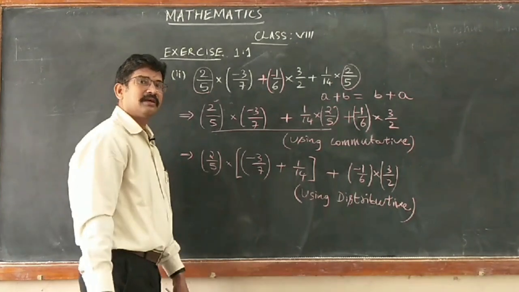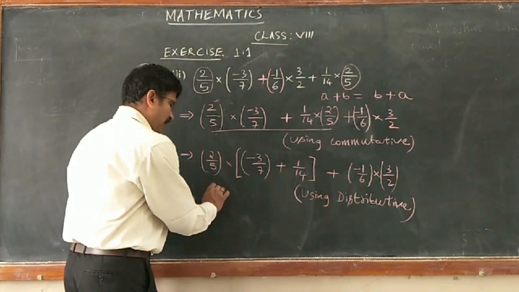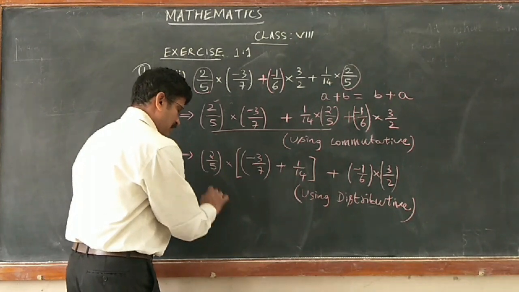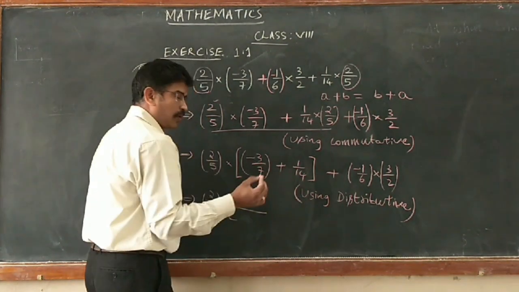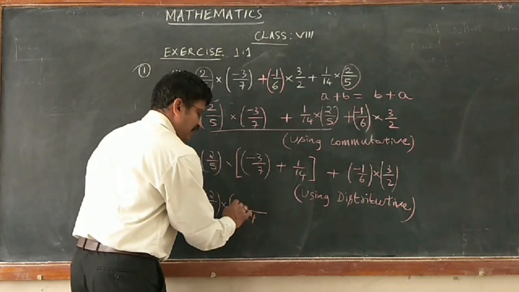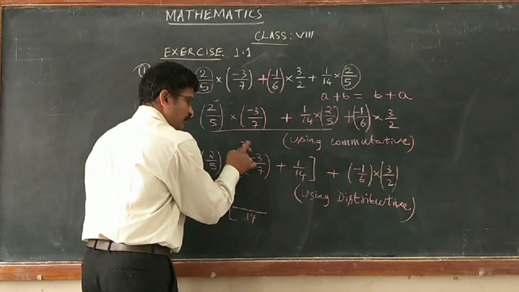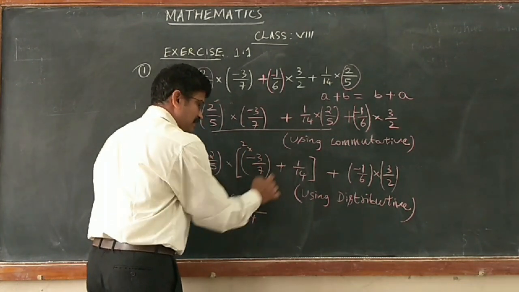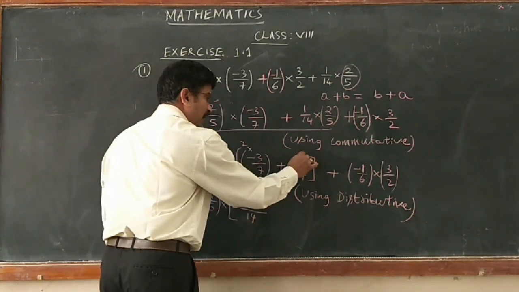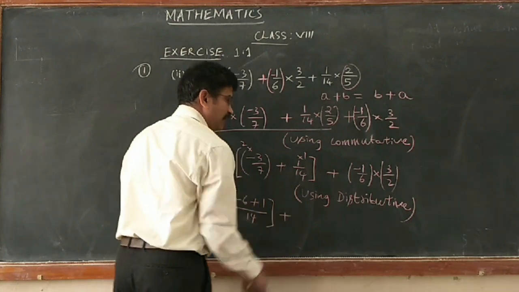So next children, 2 by 5 multiplied to, here you know how to do addition using LCM. So 7 in 14 twice, 2 multiplied to minus 3 gives minus 6, plus sign, 14 in 14 once, 1 into 1 is 1, that is this one.